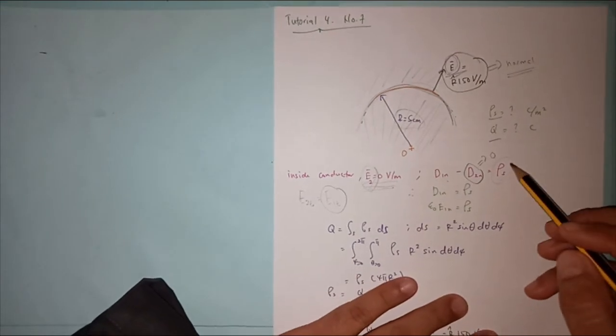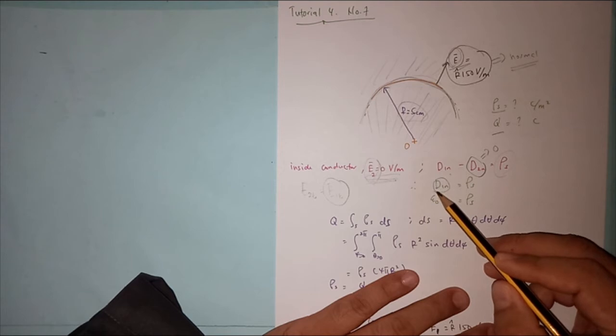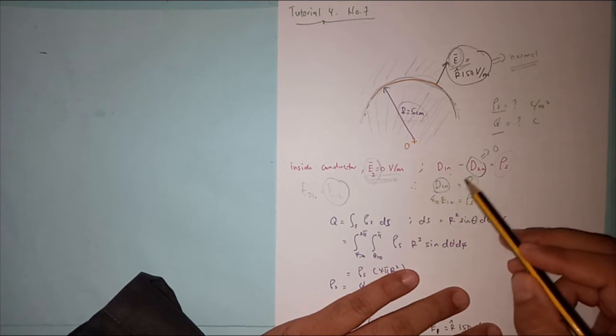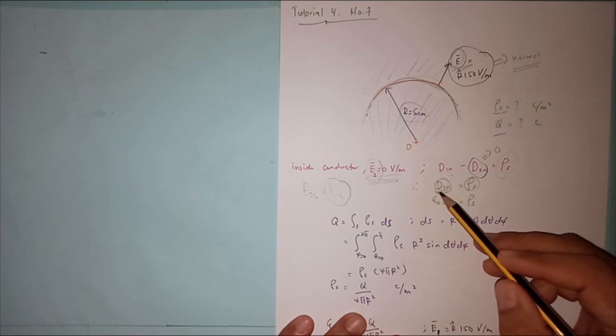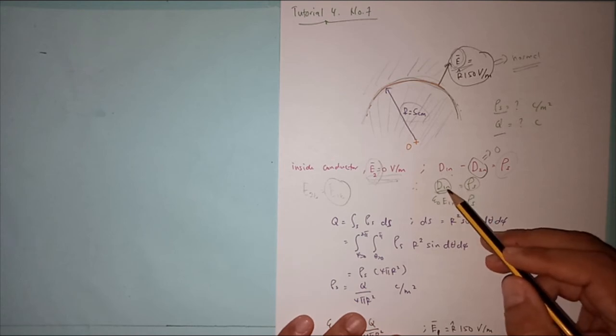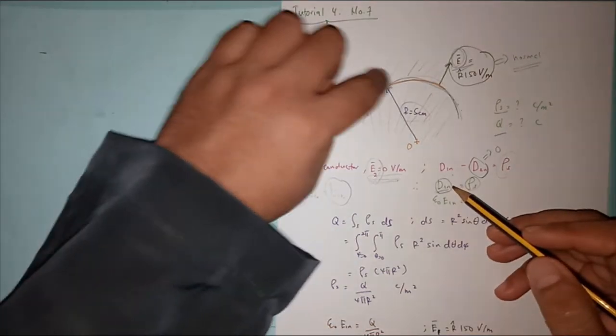So the normal component of the electric flux density is equal to rho s.